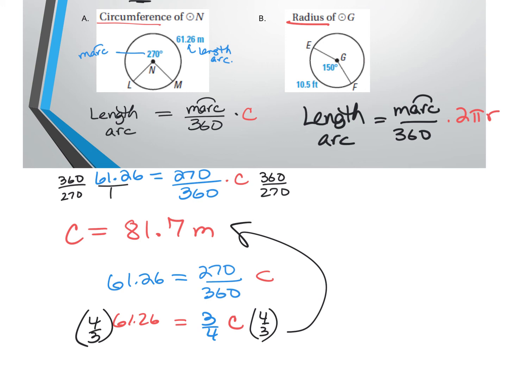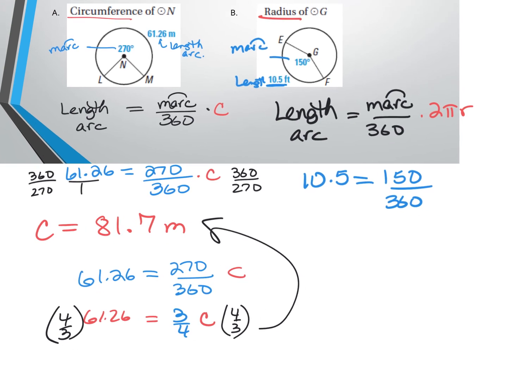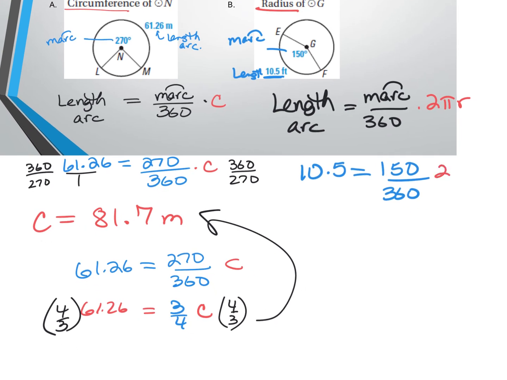So notice they gave me the length of the arc. This is the length. And then the 150 is the measure of the arc. So let's fill it in. 10.5 is equal to 150 over 360 times 2 pi r.